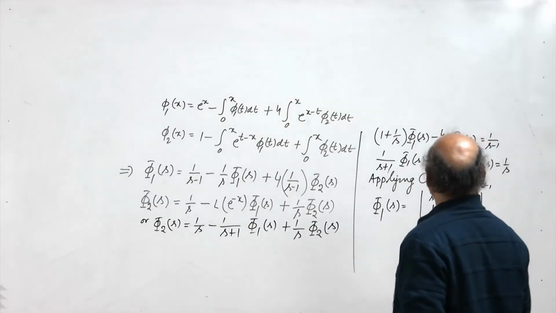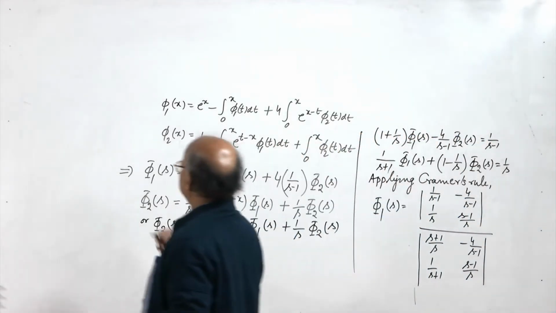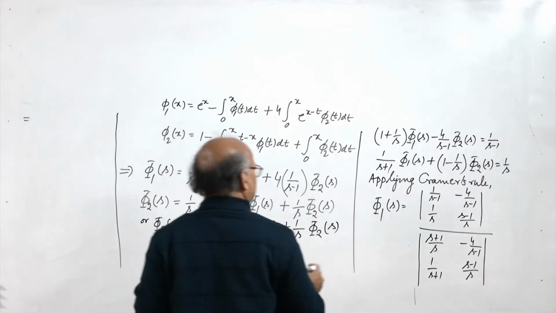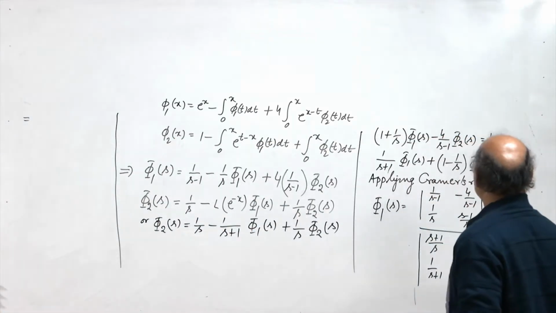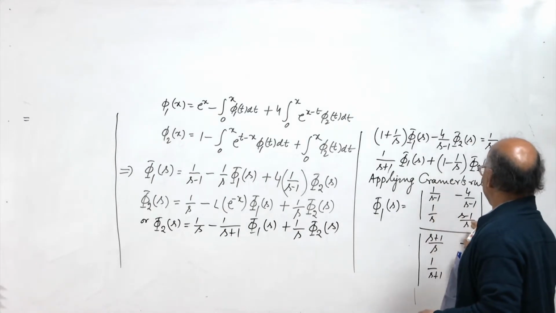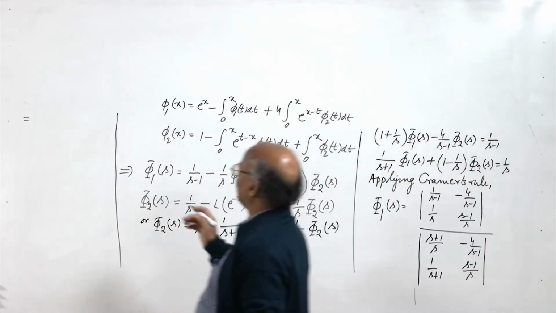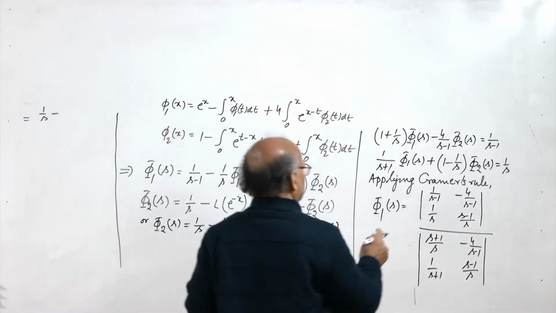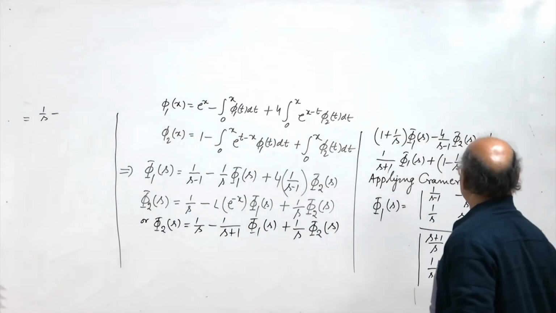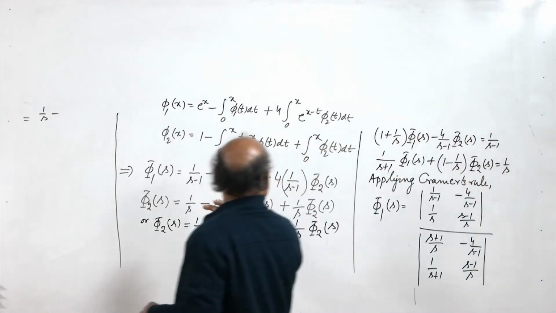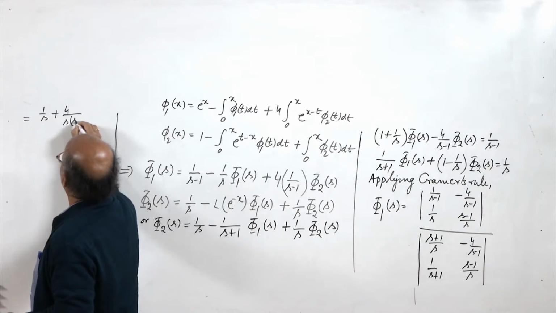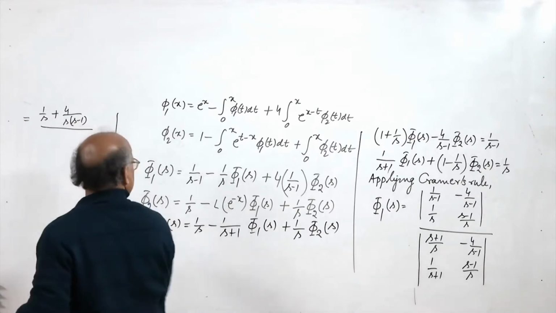So if you simplify it further, what do we get? Let us evaluate the determinant in the numerator. 1 over s minus 1 into s minus 1 over s, so we get 1 over s, minus 4 upon s minus 1 into 1 by s, so we get plus 4 upon s into s minus 1.